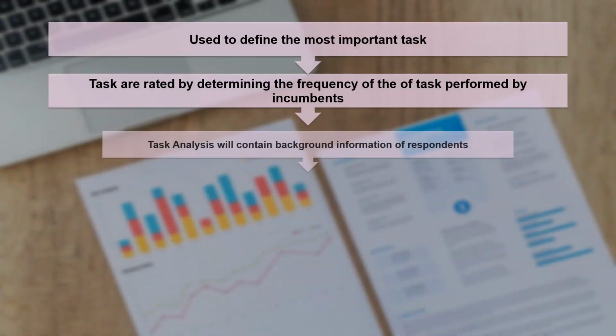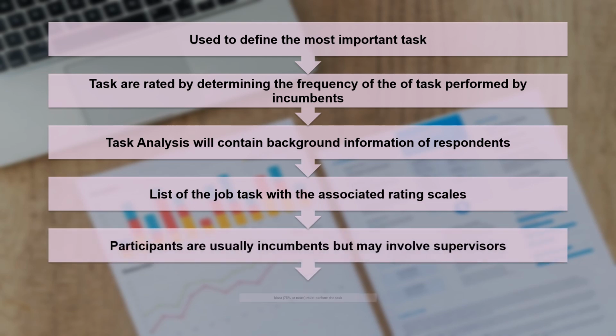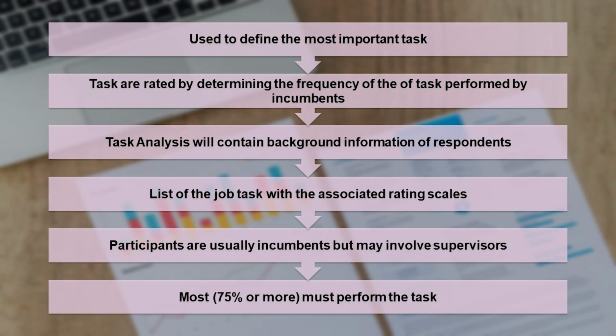Now we need to discuss what is task analysis. Generally, task analysis is used to define the most important tasks in an organization. They are rated by determining the frequency of the task performed by incumbents. Generally, task analysis contains background information of respondents.